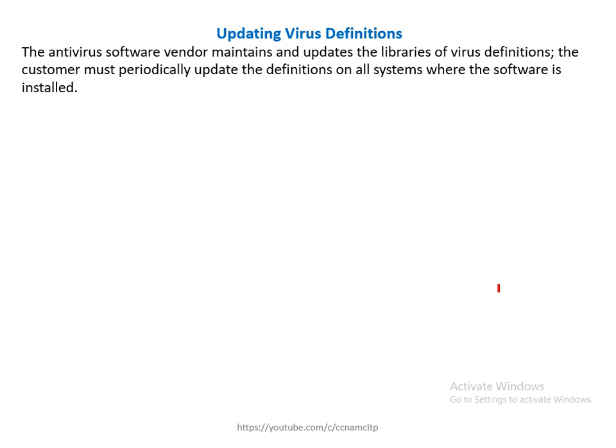Now the next one is updating virus definitions. What do you mean by updating virus definitions? Very simple, guys. There is nothing to worry about. I will give you a simple example. For example, I have a Symantec Endpoint Protection server, and let's say 1, 2, and 3 are my definitions as of now.